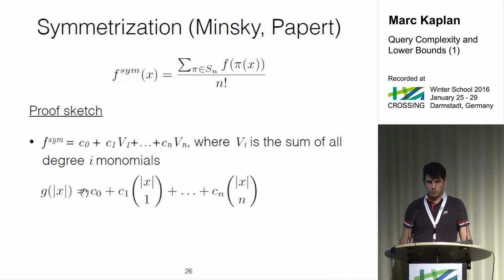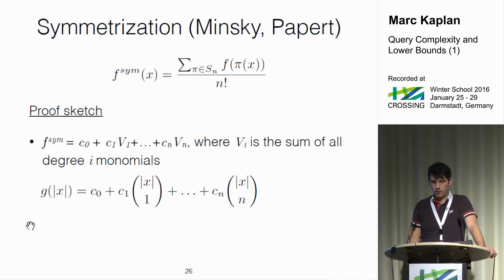So just like a two-line proof sketch, how does it work? You introduce these intermediate variables vi, where vi is just the sum of all degree i monomials.